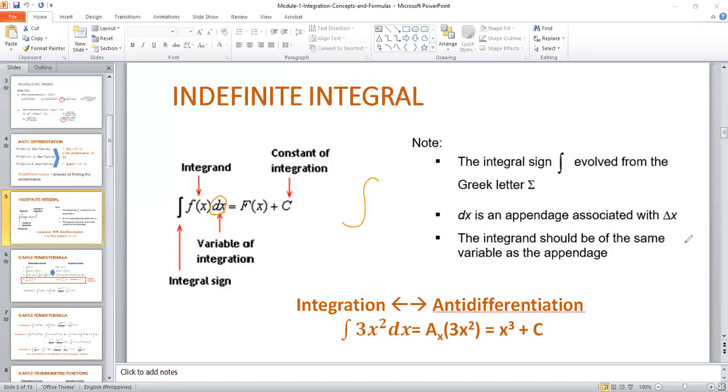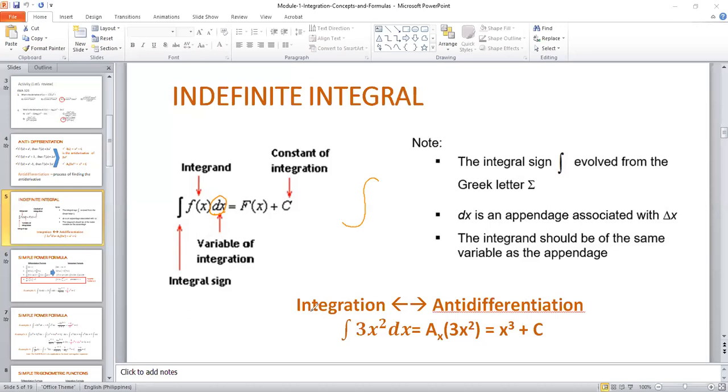So delta x is now written as dx. The integrand should be of the same variable as the appendage. So meaning there is no way that this is, for example, y, and here your differential is in terms of x. If that is the case, you cannot integrate your given expression.